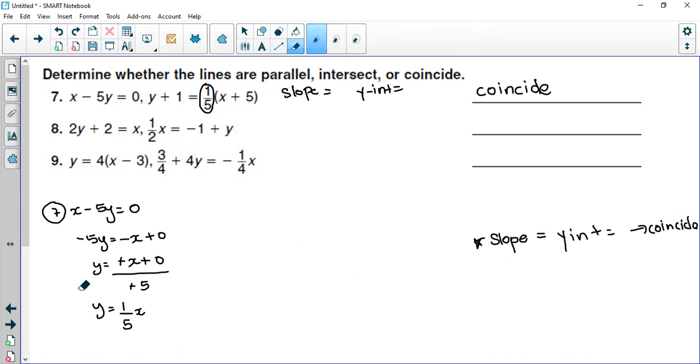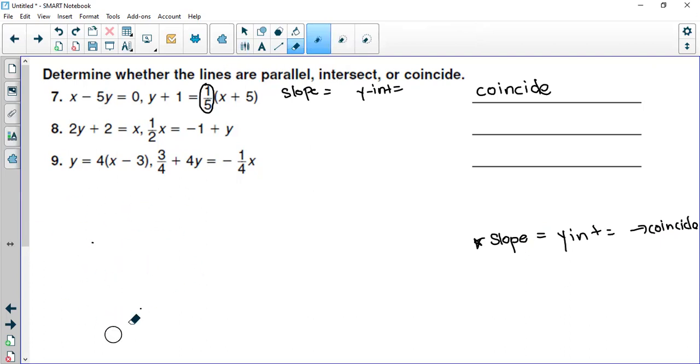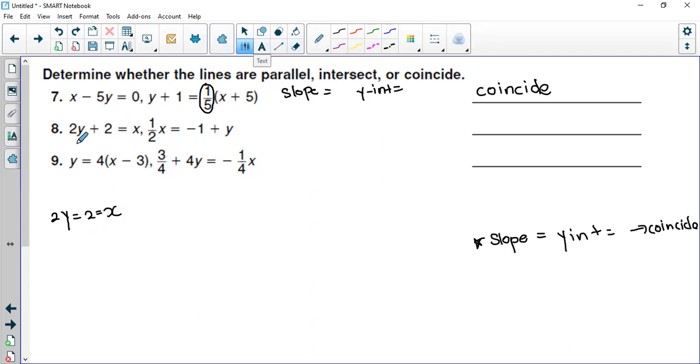Okay, let's try the next question out. Here again, how do you find out what kinds of lines they are? It totally depends on the slope and the y-intercept. This question says 2y plus 2 equals x, which means we again have to change this to y is equal to mx plus b. So let's change that into the slope intercept form.